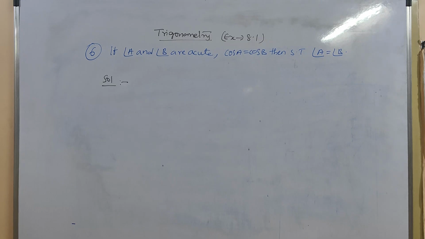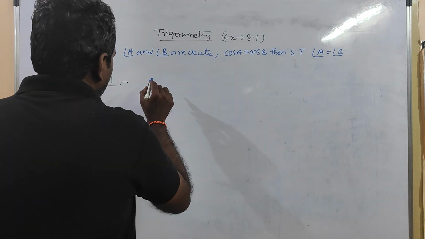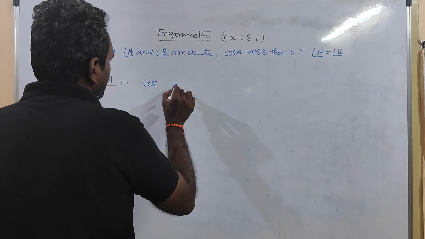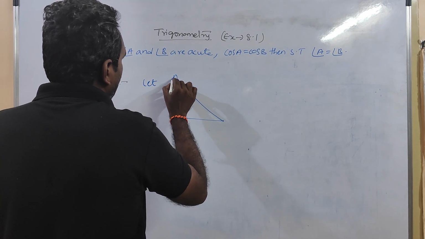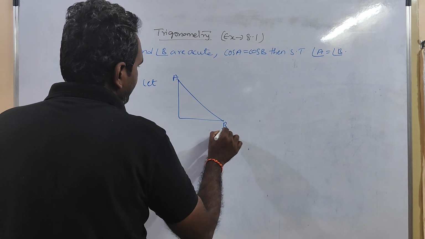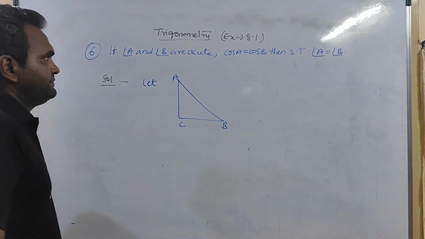Sixth question: if angle A and angle B are acute, cos A is equal to cos B, then show that angle A is equal to angle B. Okay, they are talking about angle A and angle B. For suppose, I am drawing the diagram of triangle ABC.